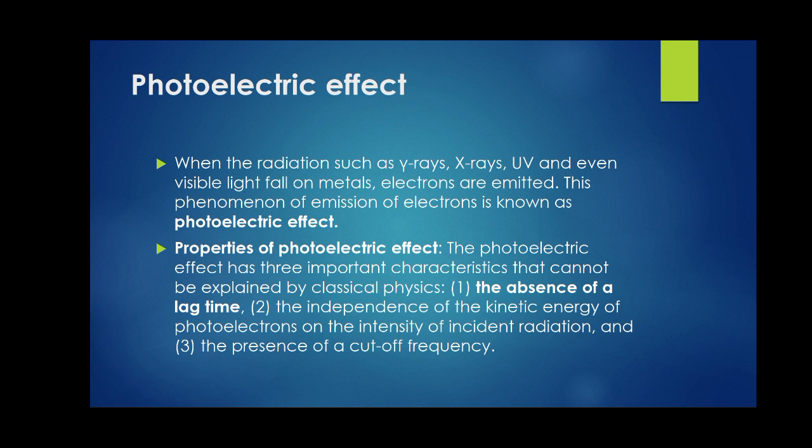This phenomenon of emission of electrons is known as the photoelectric effect. We should know about the properties of the photoelectric effect also. Such electromagnetic radiations have the ability to eject the electrons present in the metal surface.